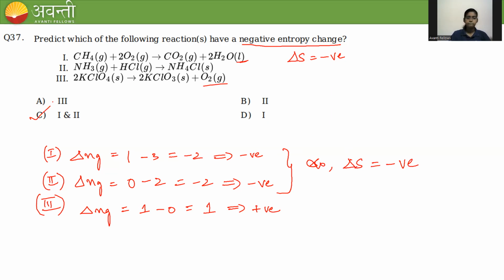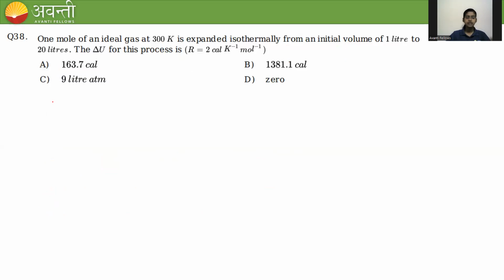Okay. Then moving on to question number 38. 1 mole of an ideal gas at 300 Kelvin is expanded isothermally from an initial volume of 1 liter to 20 liters. The delta U for this process is. So here the system is isothermal. If the system is isothermal, then the temperature is constant, right?